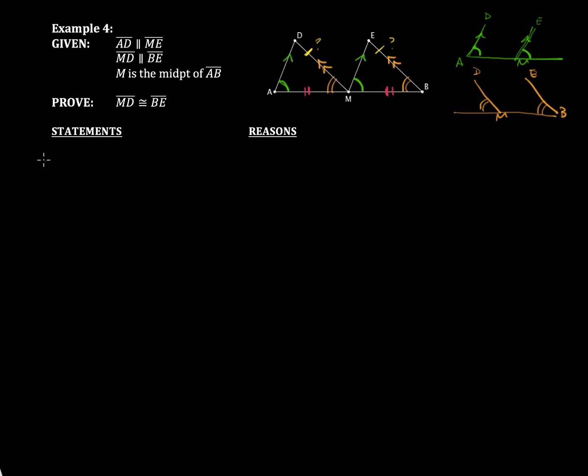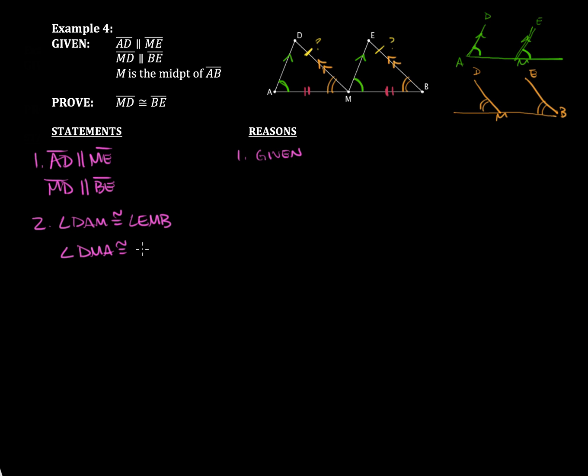So let's do that. Statement number 1, let's go ahead and start with AD is parallel to ME and MD is parallel to BE. And my reason would be given. That leads me to say that angle DAM is congruent to angle EMB, and in the same statement I'm going to go ahead and say that angle DMA is congruent to angle EBM.